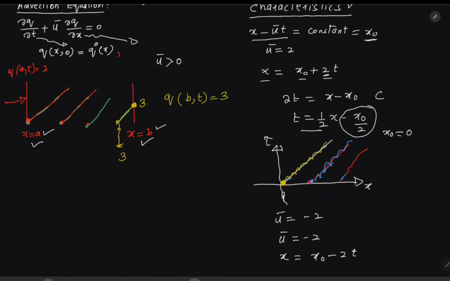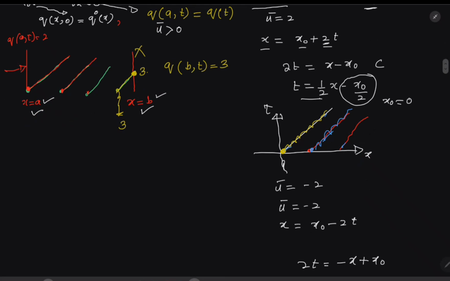This means that we don't need a boundary condition over here, since it is getting the value from the interior, and the interior has a characteristic, and the information is traveling on the characteristics. So when U bar is greater than 0, the boundary condition is defined at a, that will be equal to some, for example, Q of T value, which can be a constant.